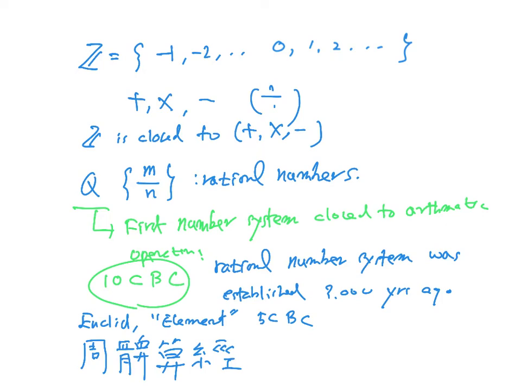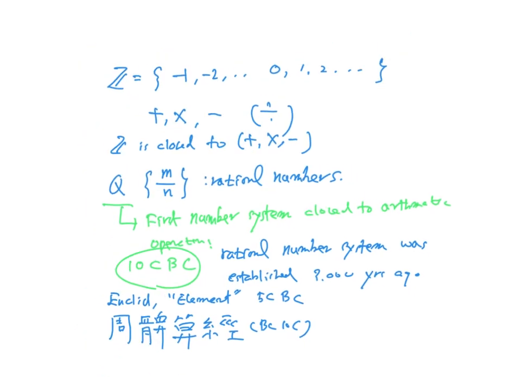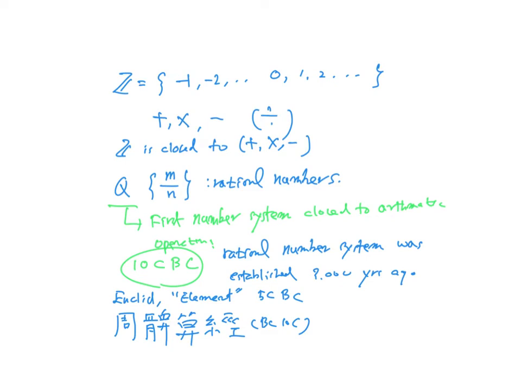It's the 10th century BC. 주비산경. It's the first. So, actually, we don't know the exact date of their publication, but Euclid's Elements and the 주비산경 were published around a similar period, around the 5th to 10th century BC.